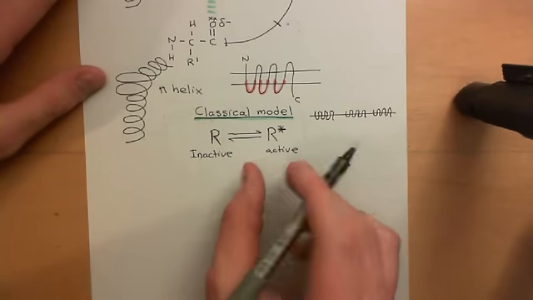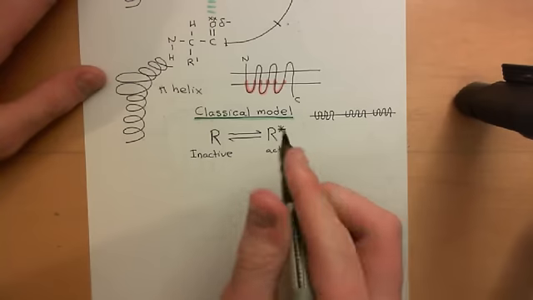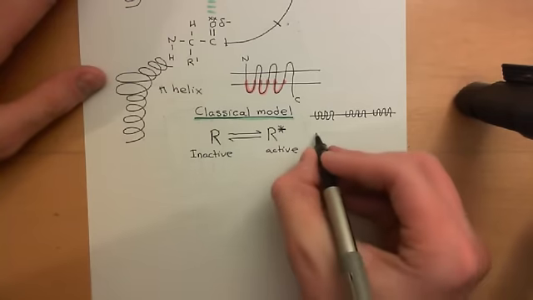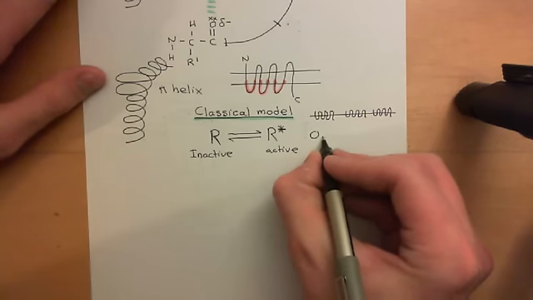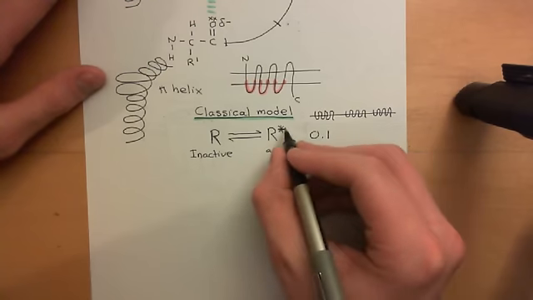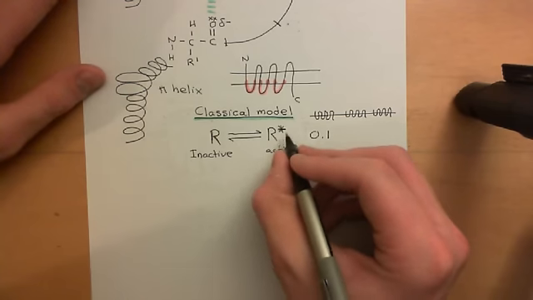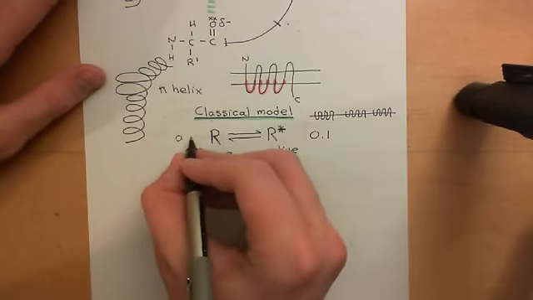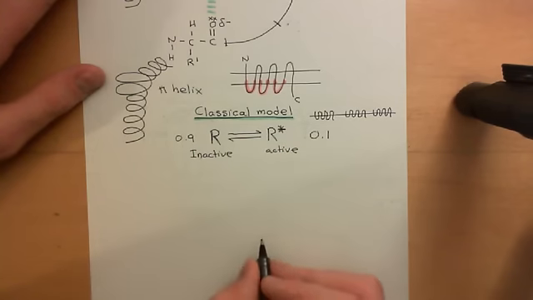So a certain fraction of them will be in the inactive state and another fraction will be in an active state, and there will be a dynamic equilibrium. Let's say the equilibrium proportion is 0.1, so 10% of them will be in the active state and 90% of them will be in the inactive state.